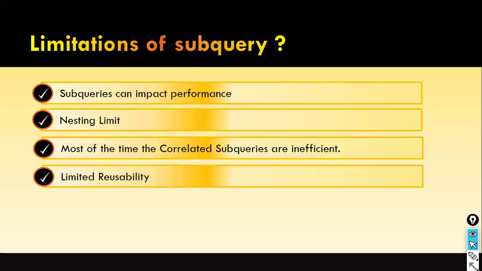Another limitation is that subqueries cannot be nested more than 32 levels deep. Subquery inside subquery inside subquery. If that reaches 32, beyond that you cannot use another subquery. Hence you have a limitation. The best thing to do is to break your logic into smaller pieces.